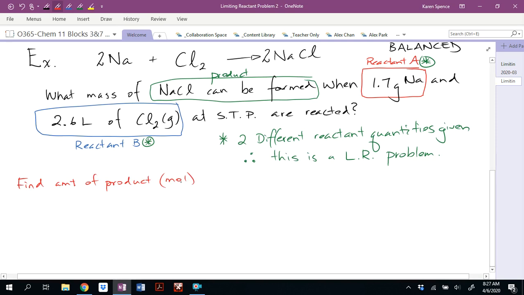Then if you need to convert it into liters or grams later, you can do that. So find the amount of product in moles that could be made from each reactant.